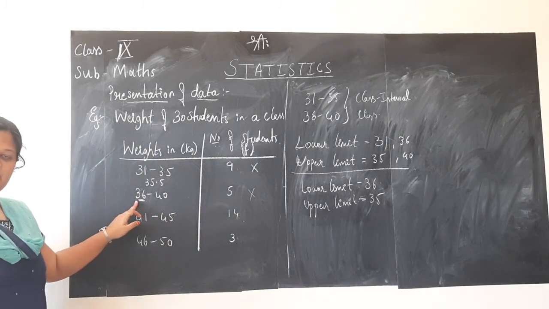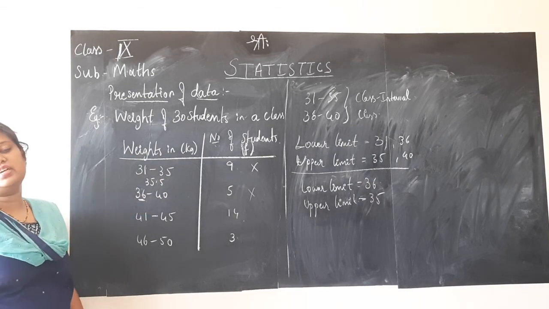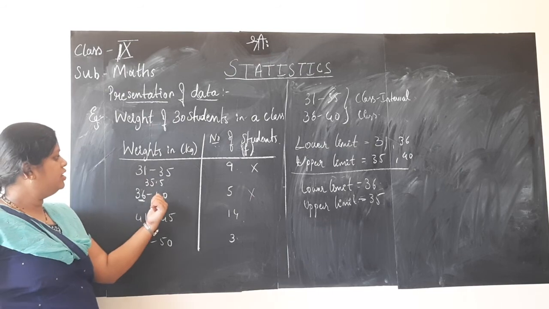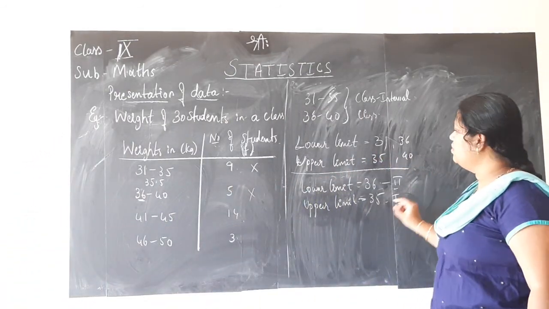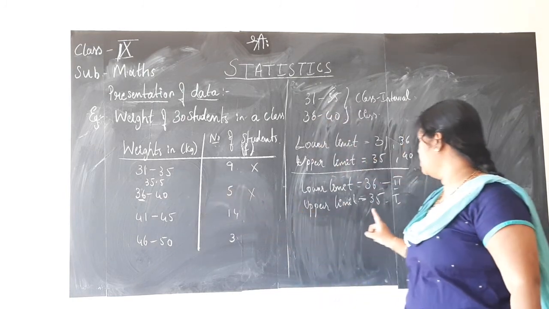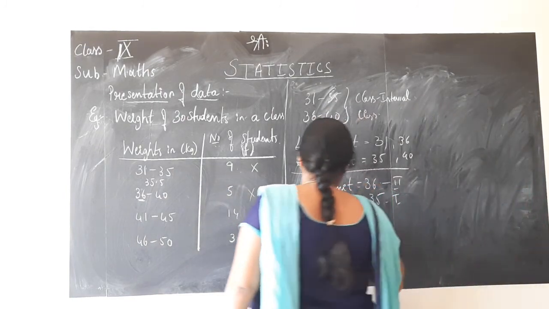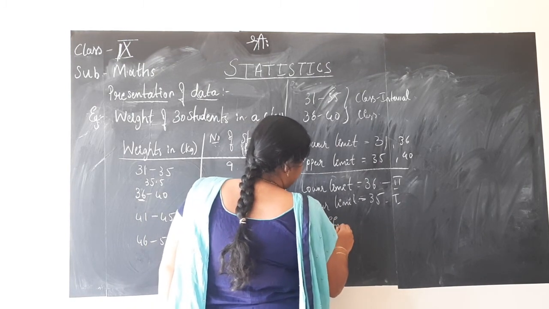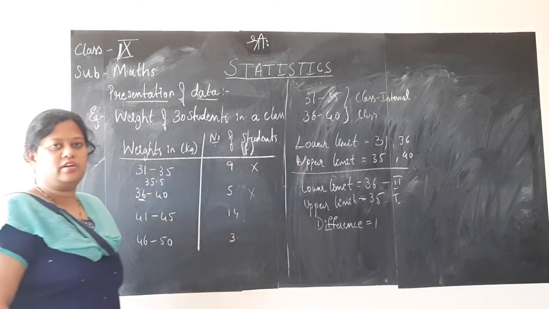Lower limit of second class interval minus upper limit of first class interval you should do. So I have written them here. Lower limit of second class interval is 36, whereas upper limit of first class interval is 35. Should take the difference of them. So 36 minus 35 is what? Obviously 1. So we get difference to be equal to 1, children.